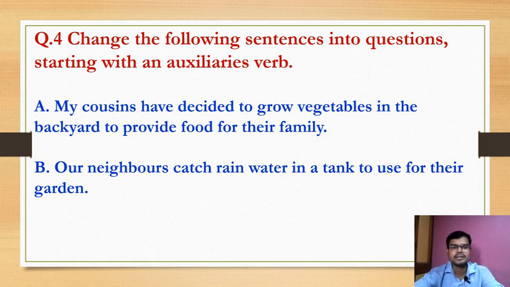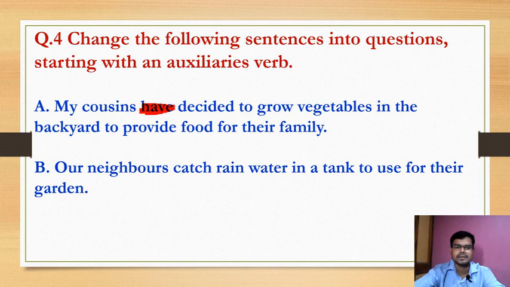So students, can you see here in this sentence where is the auxiliary verb? Where is it? Decided? No, it's a main verb. My? No, it's a subject. Yes, have. So just remove have and change the place of this word have.